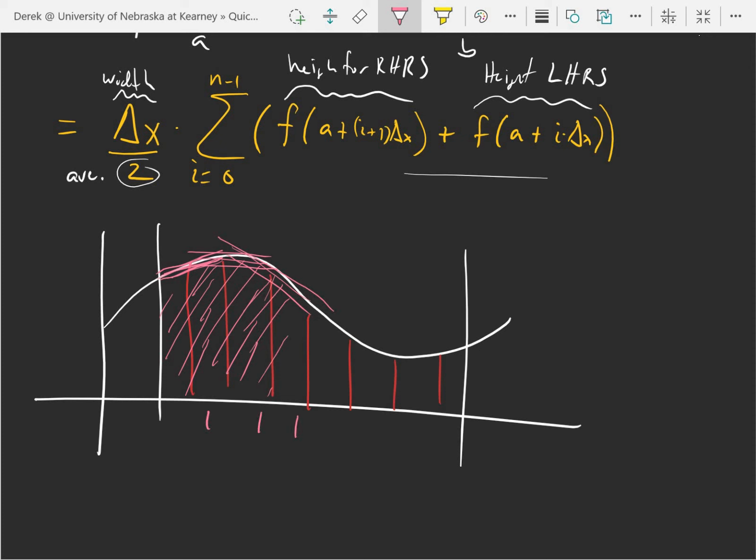Each of these interior rectangles gets added in twice to the area, so you divide everything by 2 and then you add this rectangle and this rectangle again, and you get a good estimate for what's under the curve, and it's better than the others, and so on. And there are more and more sophisticated ways that you can approximate these areas, but the simpler ones that are easy to compute are the left-hand sum, the right-hand sum, and the trapezoid rule.